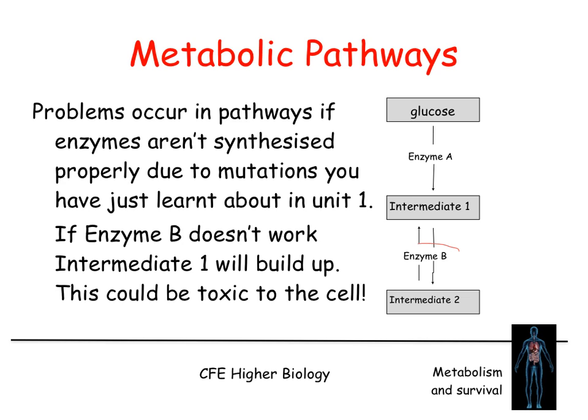So for example, if enzyme B here doesn't work properly, there's been some mutation and it's not working, then what will happen is this intermediate one here will build up in a cell, and that could have quite a serious effect on a cell, because this intermediate one could be fine in low quantities, but in large quantities, as it starts to build up, it could become toxic to a cell.